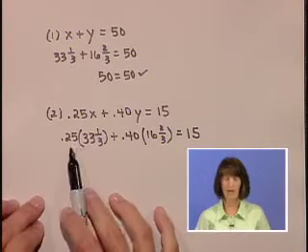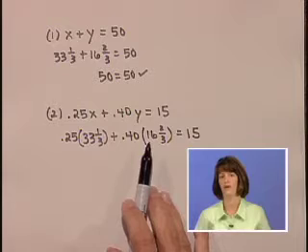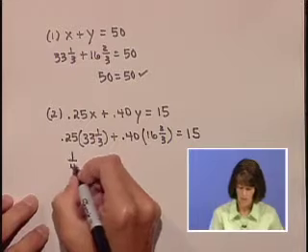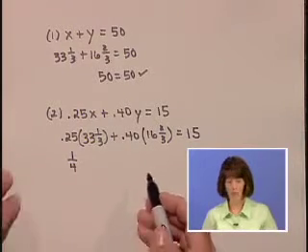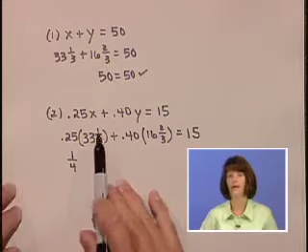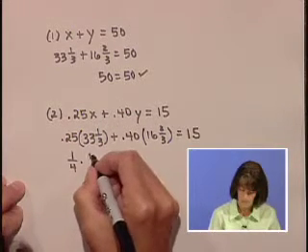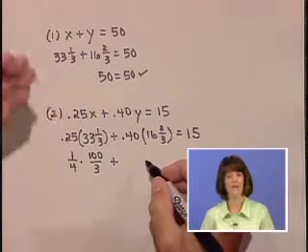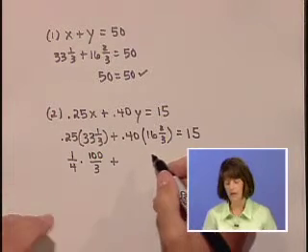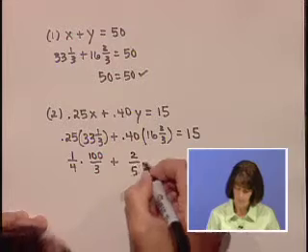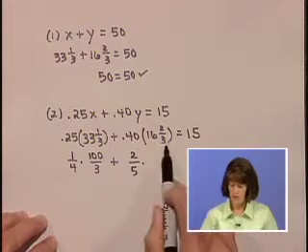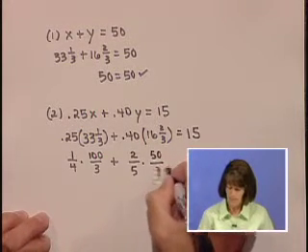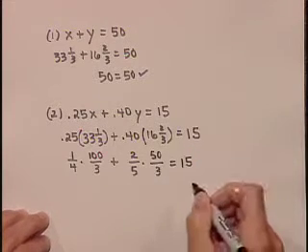This looks a little bit messy, but let's go ahead and change these decimal values into their corresponding fractional form. 0.25 is 1/4. 33 1/3 in its improper form: 3 times that 33 is 99, plus 1 is 100 thirds. 0.4 is 4/10 or 2/5 in its reduced form. 16 2/3: 3 times that 16 is 48, plus 2 is 50 thirds. Hang in there, we're almost done.